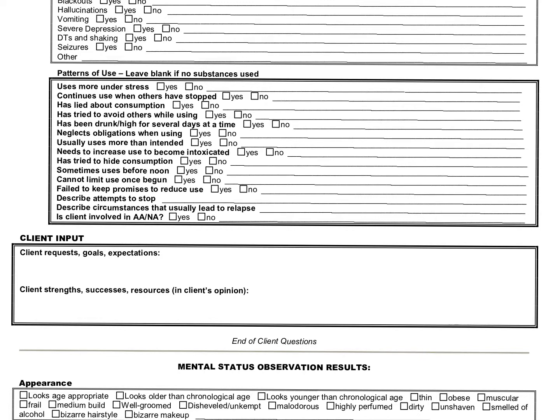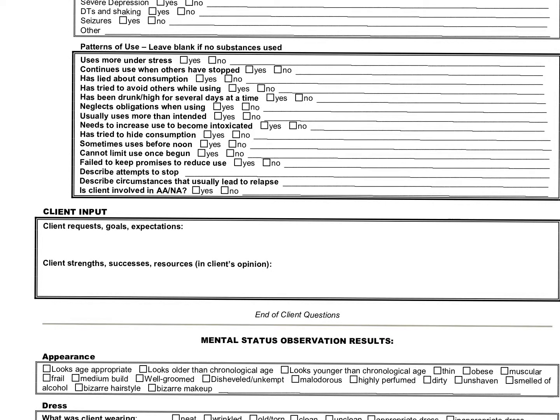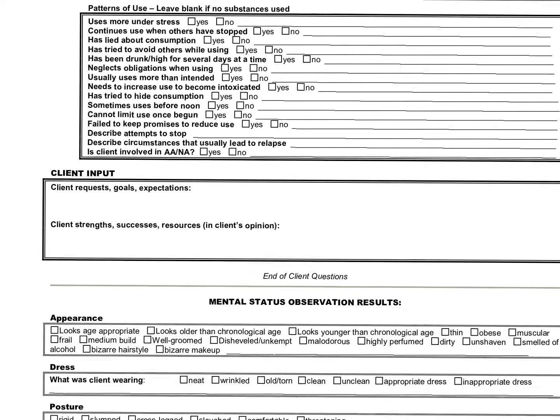And if so, what happened? How long did it last? What caused you to relapse? Have you ever been involved in AA or NA? All these types of questions you'd simply skip over if no one's really endorsing any alcohol or drugs, or any problematic behavior related to alcohol, I guess is what I should say, or drugs.